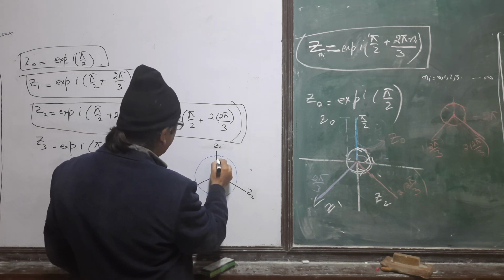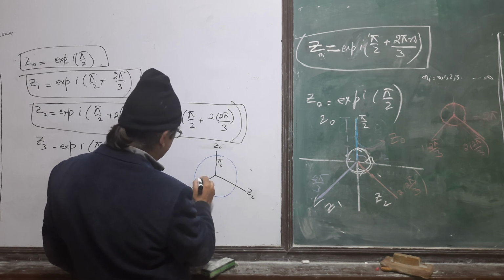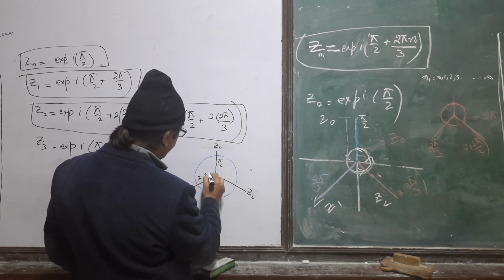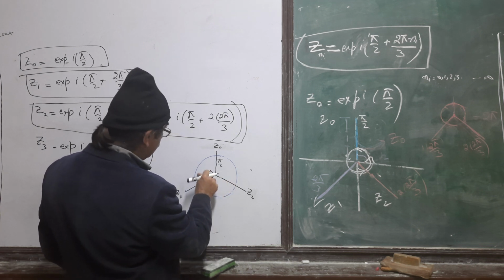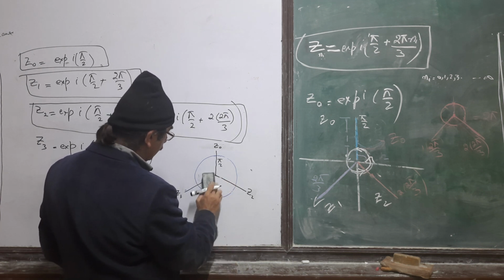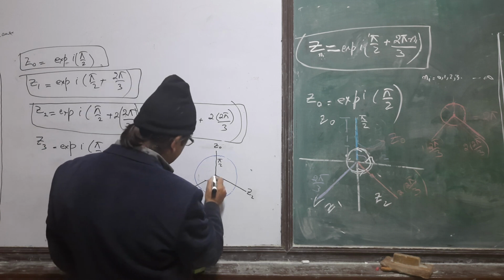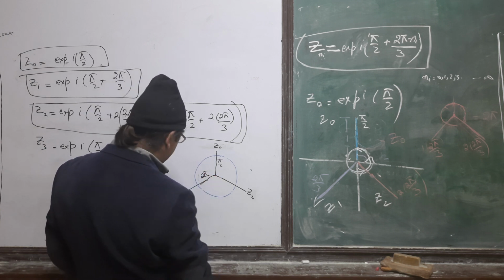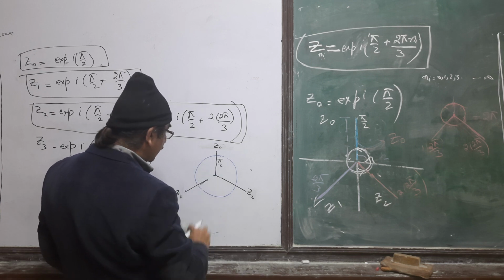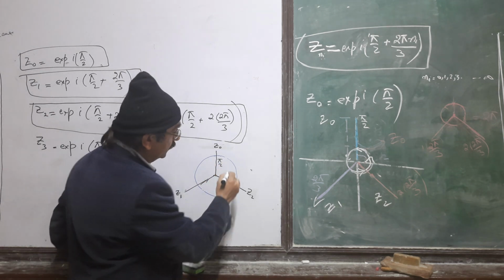Yes, this will be pi by 2. This will be 2 into 2 pi by 3. Oh sorry, 2 pi. No, not 2 pi by 3. Pi by 2, we added the angle, right?